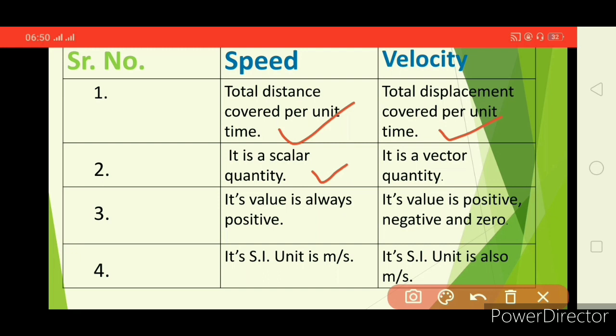Speed is a scalar quantity because scalar quantity has only magnitude. Velocity is a vector quantity, that means it gives us magnitude as well as direction. Speed's value is always positive. Velocity's value is positive, negative and 0. The SI unit of speed is meter per second. The SI unit of velocity is also meter per second. The other units of speed and velocity are kilometer per hour, kilometer per minute.